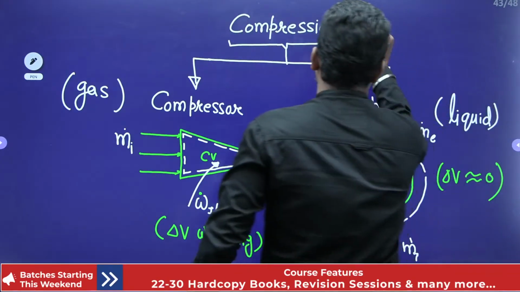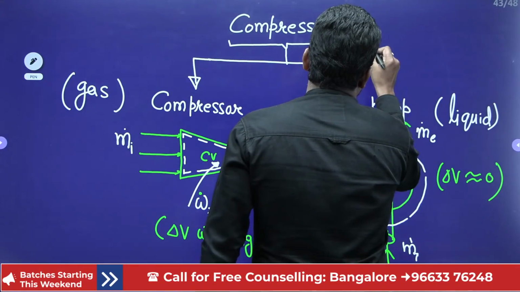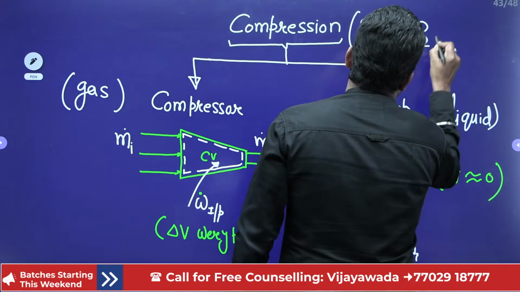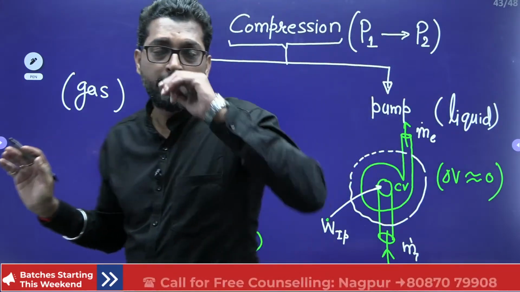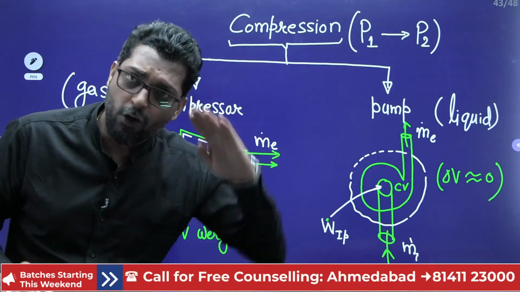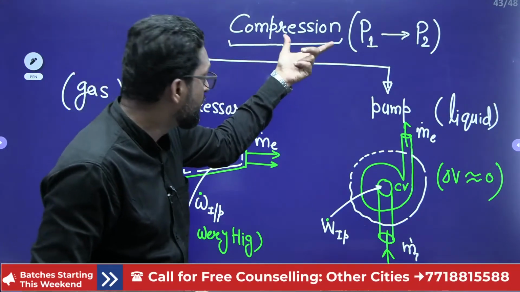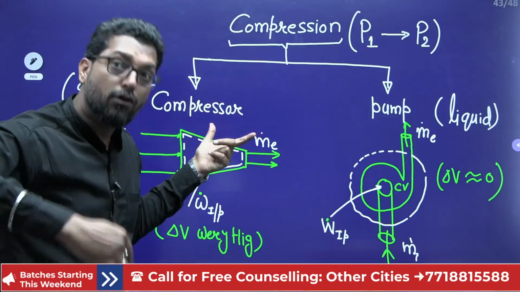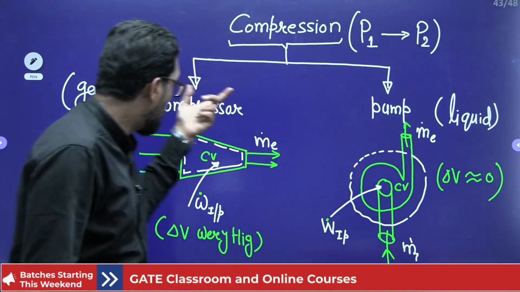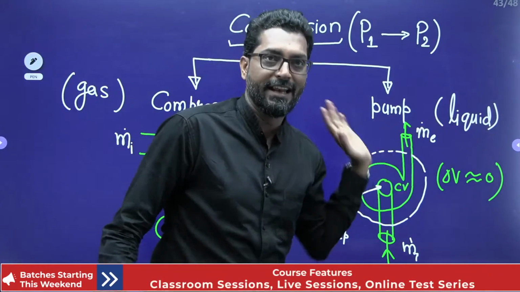It is a compression, that means low pressure P1 to reach a high pressure P2. This is clear. If you want the fluid to go from a low pressure to a high pressure, there must be a compression. And compression is done throughout thermodynamics with the help of a compressor or a pump. The compressor will handle gas, the pump will handle liquid.